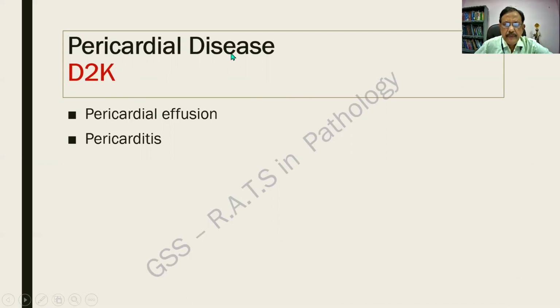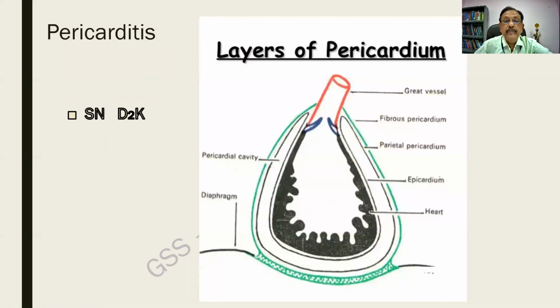Pericardial disease. When we talk about pericardial disease, there are two types. One is an effusion, another is an inflammation. Pericardial effusion and pericardial inflammation, pericarditis. The picture of the heart over here is surrounded by a bag-like structure that is folded on itself, called the pericardium.